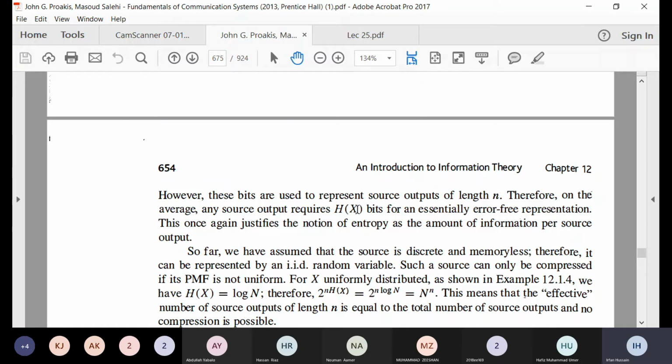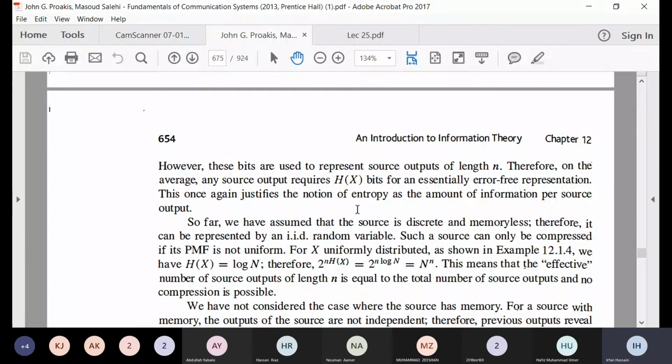You can see why this H of X is so important. It gives us the number of bits required for one sample once we have these typical sequences. So this gives the shortest, most compressed rate. We cannot have any compression beyond this rate.